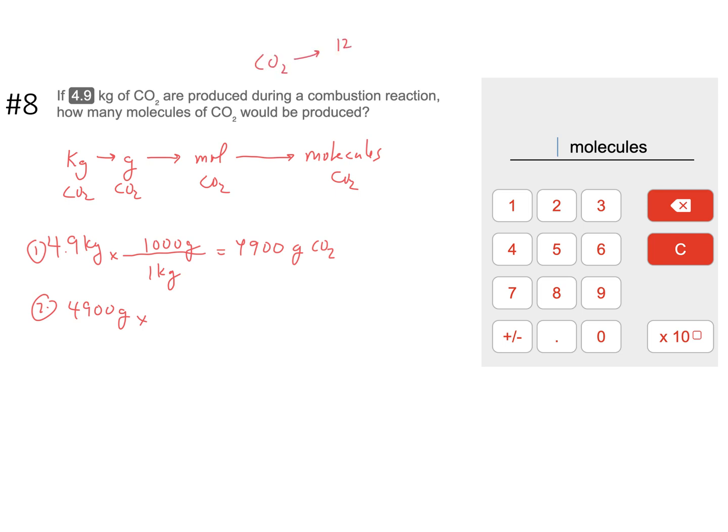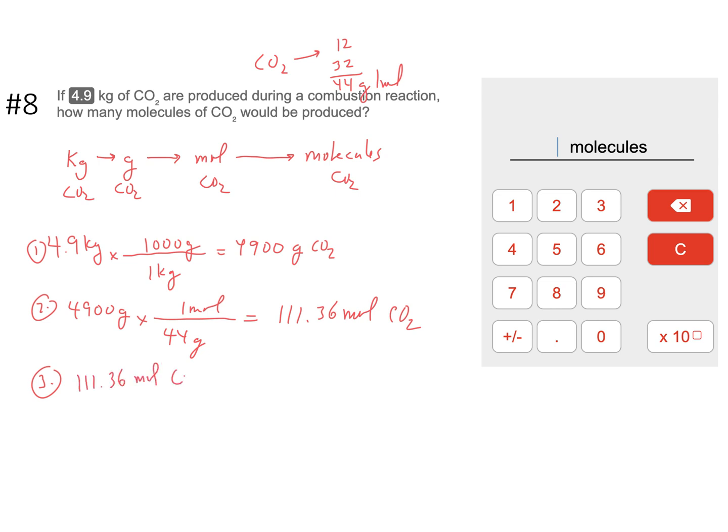Carbon is 12, and I've got 2 oxygens that are 32, so carbon dioxide is 44 grams per mole. So I've got 44 grams per 1 mole of carbon dioxide, which gives approximately 111.36 moles of CO2.